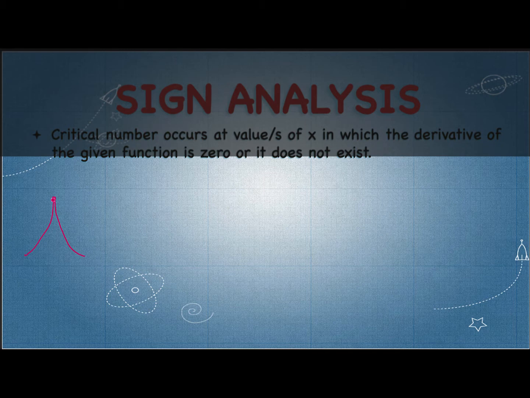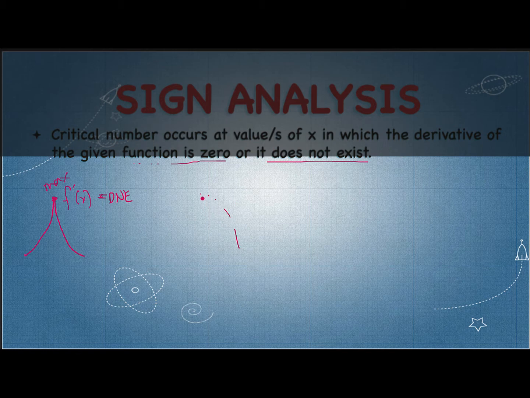This is a cusp or a corner, and we know that the derivative at this point does not exist because it is approaching different numbers from left to right. Okay? But this part here is a maximum. In other words, this is a maximum, but the derivative does not exist. Remember, the derivative is either 0 or it does not exist.